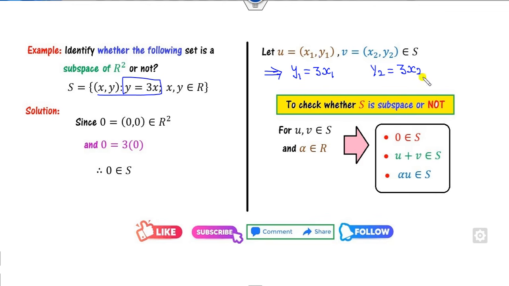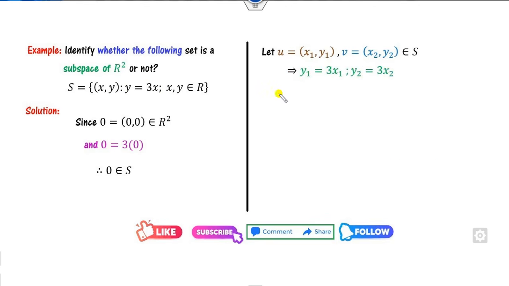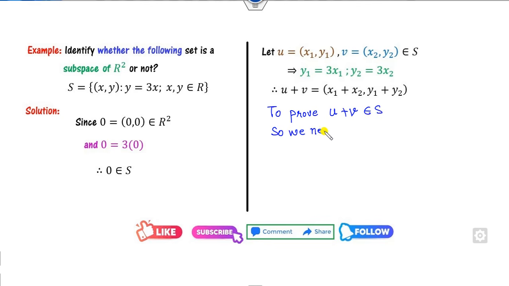Then your target is to prove that the sum of them belongs to S and alpha into u is also a part. So then what is my u plus v? It is (x1 plus x2, y1 plus y2). Then your target is to prove u plus v is a part of S. So for this, what do we need to prove?